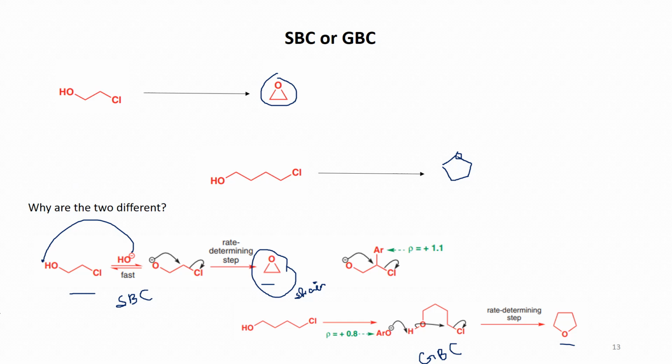Suppose this is the energy level of the substrate, but as the transition state is highly strained, because of the huge bond strain the transition state is very high in energy, so it requires a very high amount of energy to take place in the reaction.